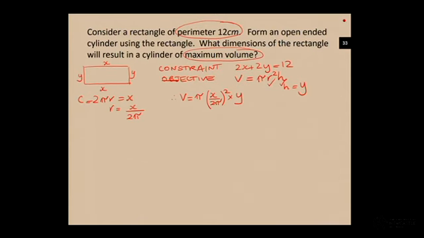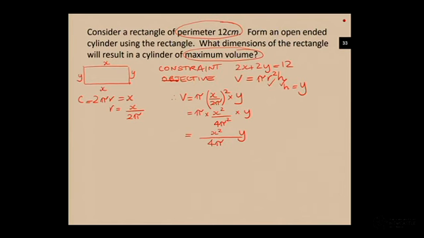Leave the y where it is for the moment. Pi times x squared on 4 pi squared times y. Tidy it up a bit. On the top, I've got an x squared. I've got a 4 with only a pi on the bottom. Now that y can sit anywhere.